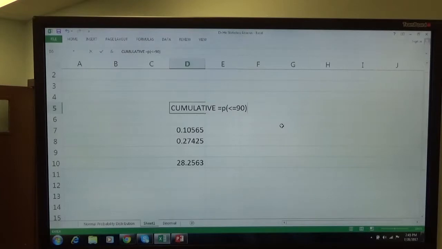If you select true, then this is cumulative. The cumulative probability distribution is true.